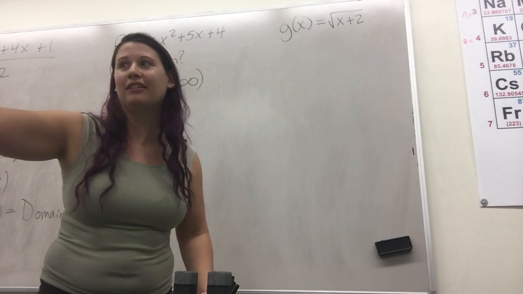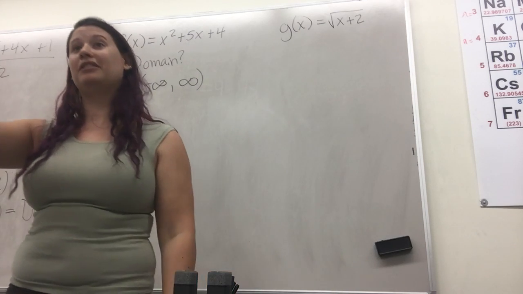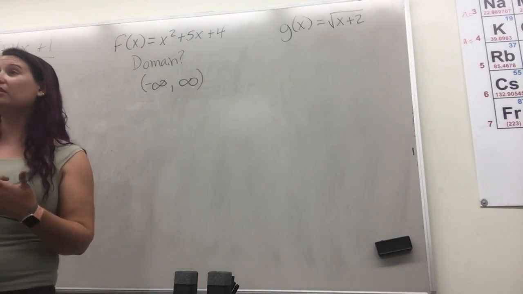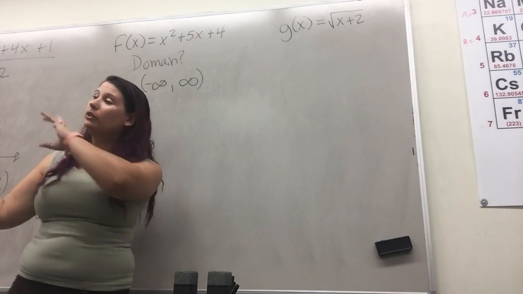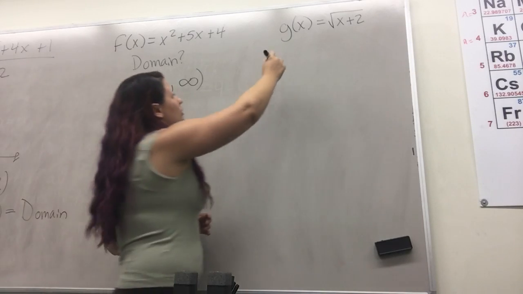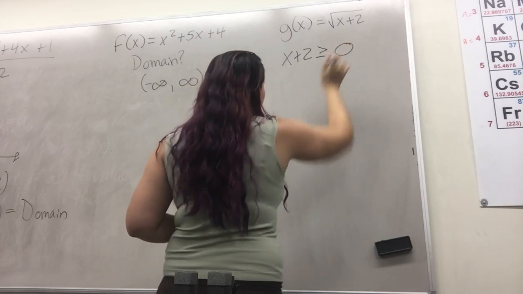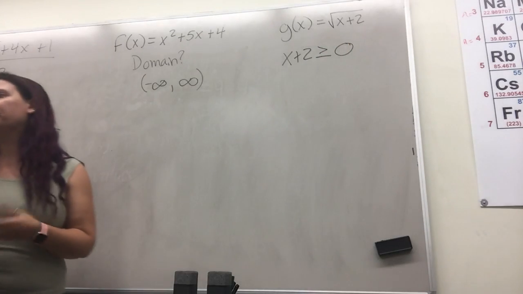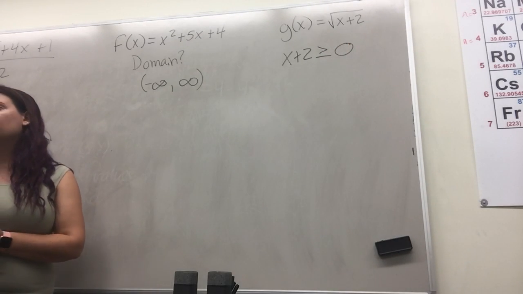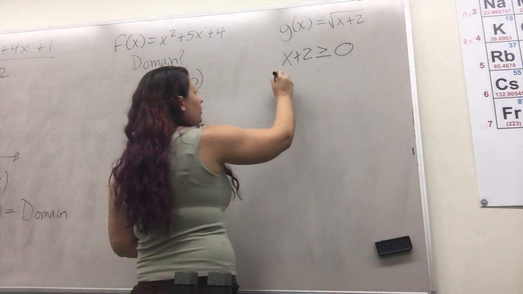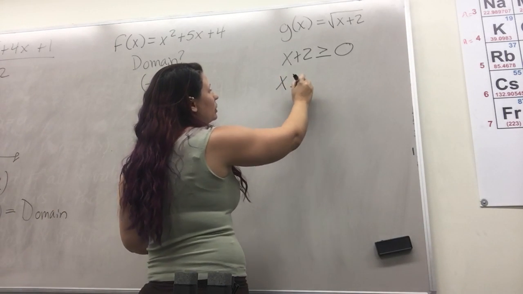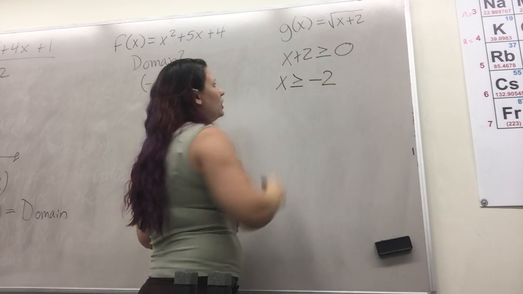Greater than or equal to 0. Because 0 is good. 0 is not negative, right? You gotta include him with the positives. So x plus 2 has to be greater than or equal to 0. And then we solve, right? So then we get x is greater than or equal to negative 2.